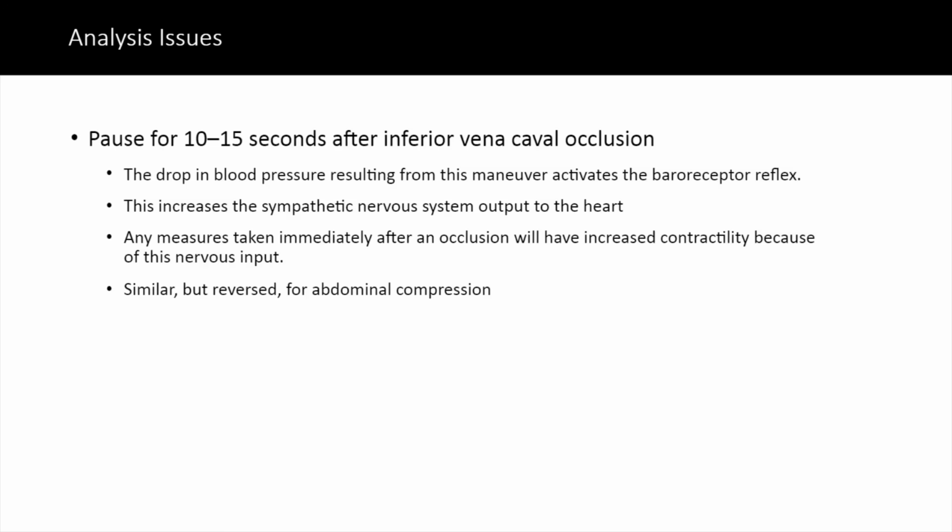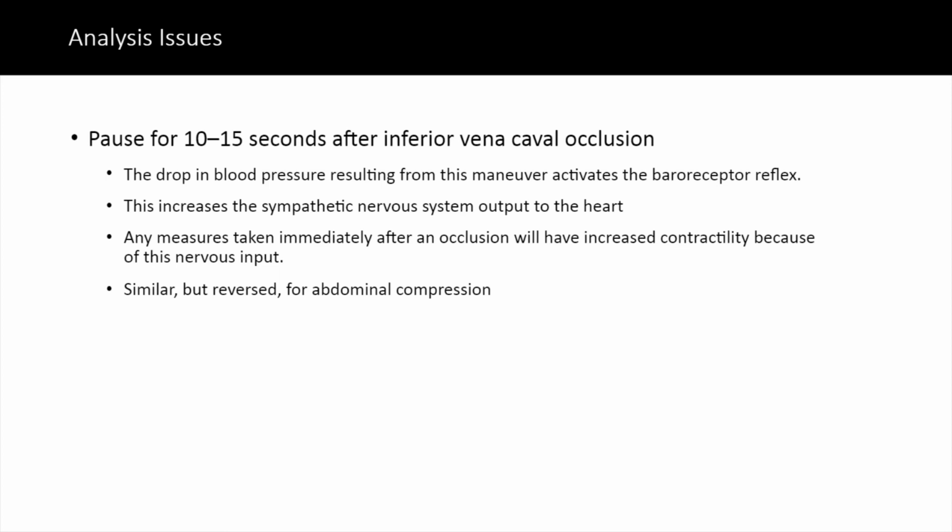All right, some other analysis issues as you're preparing your protocols. Make sure that after you do your IVC occlusions, you wait a while before you collect any other measurements.